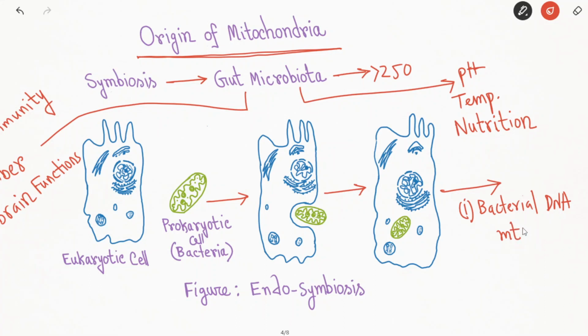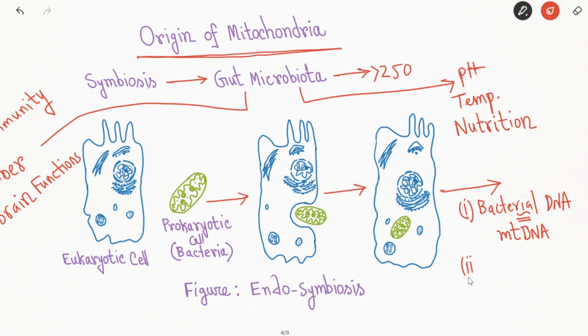We call it mitoDNA. There is a huge similarity between bacterial DNA and mitochondrial DNA. That is one proof that mitochondria was an ancient form of bacteria or a bacteria-like prokaryotic cell, because mitochondrial DNA and bacterial DNA have very much similarity.